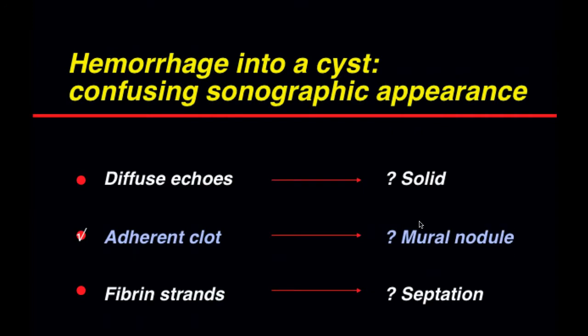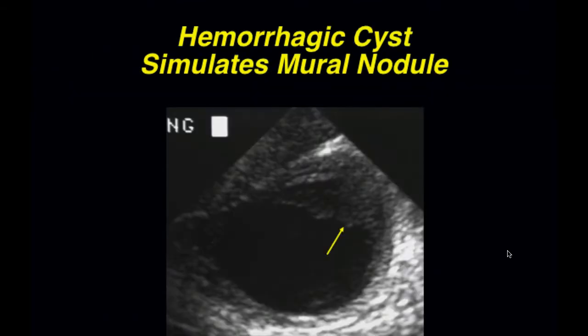Adherent clot may make us think we're looking at a mural nodule or other mural feature. So here we see this mural feature. Is that adherent clot, or is that growth of a neoplasm? Well, actually here we can tell that it is not neoplastic because no neoplasm grows with a concave margin.